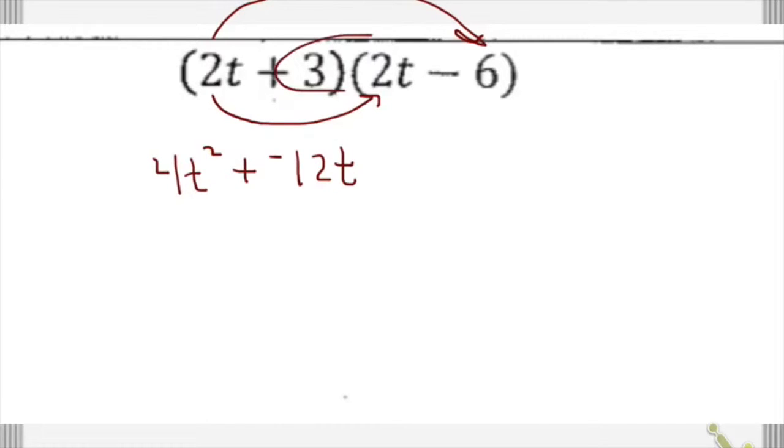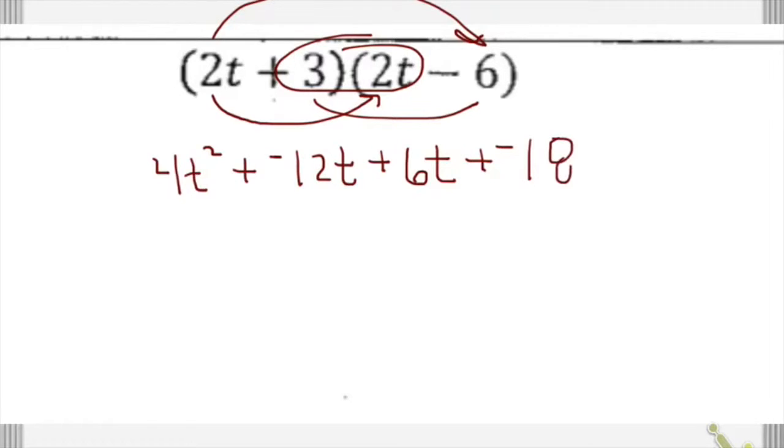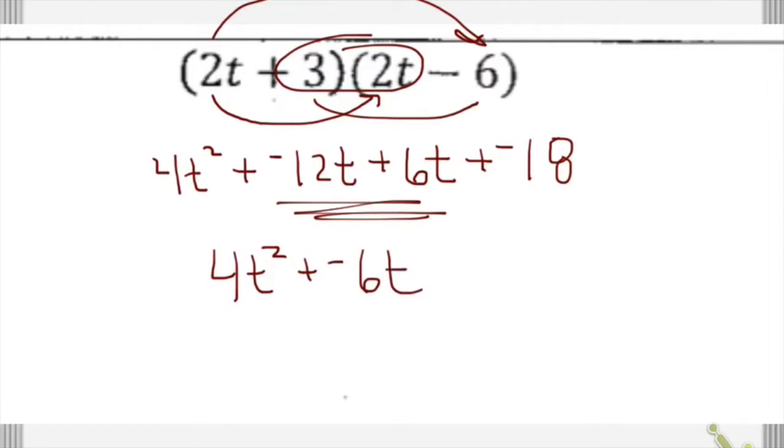Our inner terms, so we have a positive 6t there. And then our last terms, and that's going to give us a negative 18. And simplifying our like terms, so we have 4t squared plus a negative 6t. And then we can write that as minus 18.